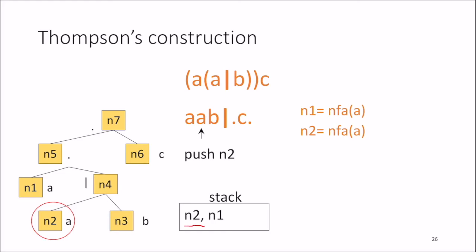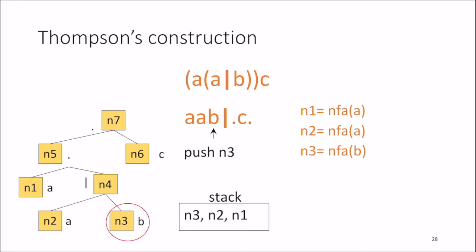You can see now the top of the stack is N2, the last thing we pushed in. The next thing is we read B, and this leads us to create an NFA for B, which we'll call N3, and we'll push that NFA N3 onto the stack. So now the top of the stack has N3 in it.